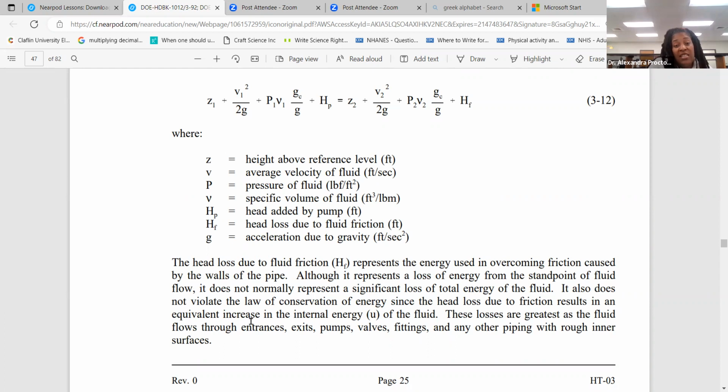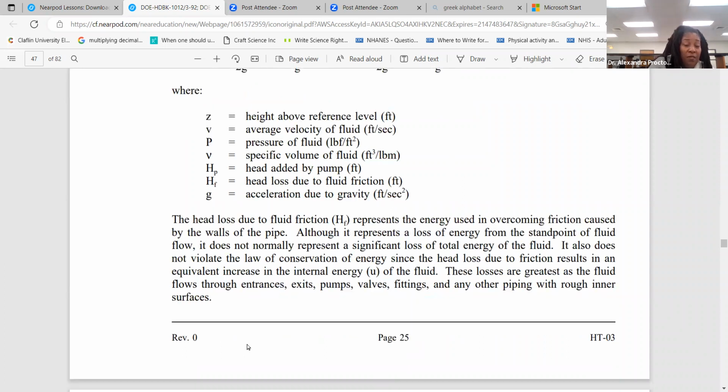It also does not violate the law of conservation of energy, since the head loss due to friction results in an equivalent increase in the internal energy U of the fluid. These losses are greatest as the fluid flows through entrances, exits, pumps, valves, fittings, and any other piping with a rough inner surface.